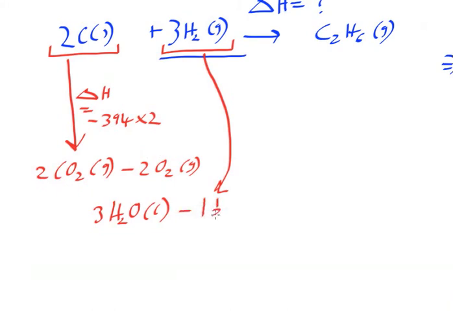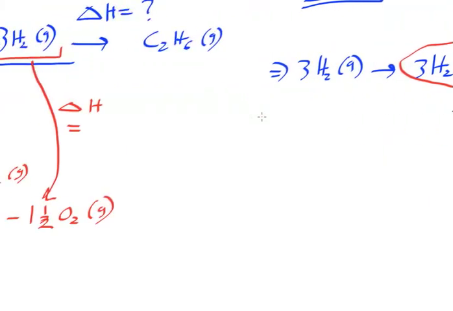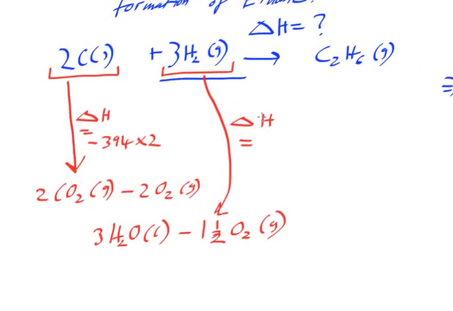Minus 1.5 O2 as a gas. And my delta H for this reaction is equal to minus 286 times 3.